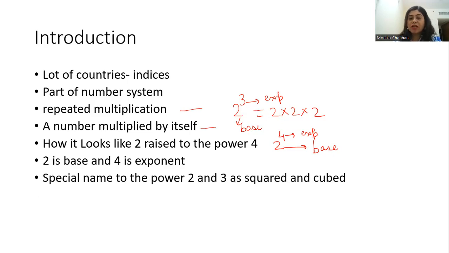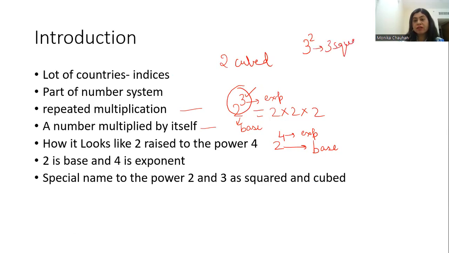There's a special name given to the powers also. When you have 2 raised to the power 3, 3 is the power or exponent. This is called cube. 2 cubed. Sometimes we read it as 2 cubed. If you have 3 raised to the power 2, we say 3 squared.